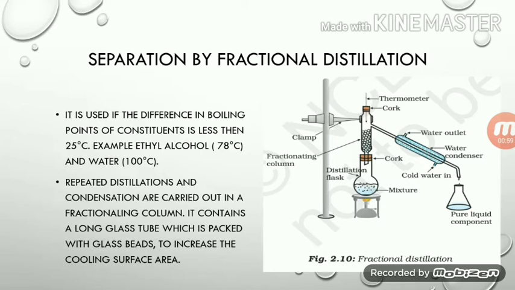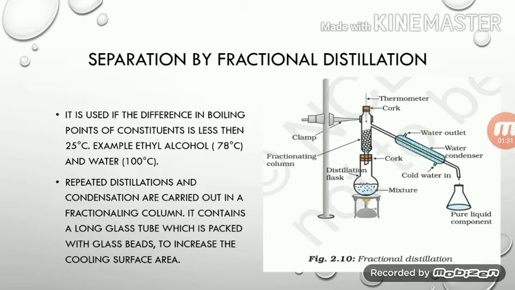For example, the boiling point of ethyl alcohol is 78 degrees Celsius, and the boiling point of water is 100 degrees Celsius. We can separate ethyl alcohol from water by fractional distillation. This technique is done by repeated distillation and condensation in a fractionating column.